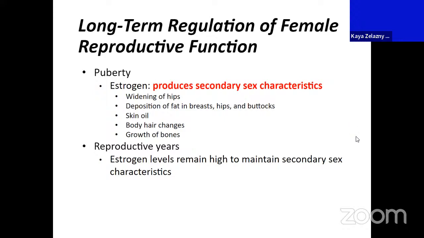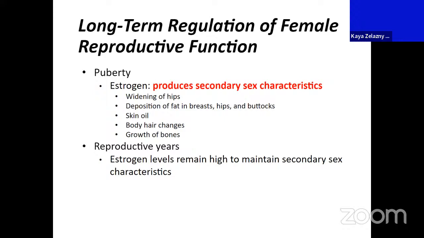So estrogens during puberty are part of the signal that creates widening of the hips, as well as deposition of fat tissue in the breasts and the hips and the butt. Also changes qualities of the skin. So we see changes to skin oils, as well as changes to body hair.